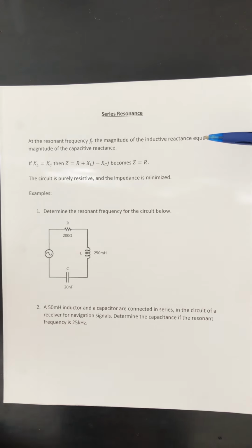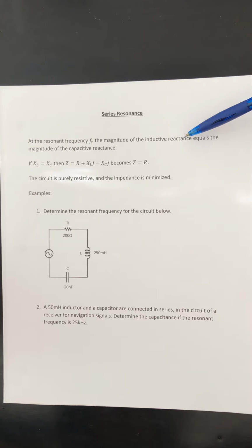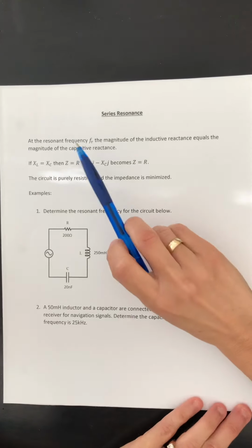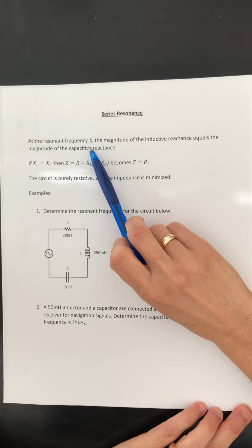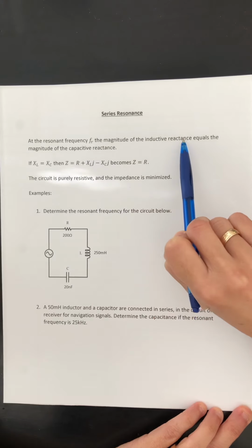Okay, so we already know that in terms of direction, inductive reactance would be on the positive imaginary axis, and capacitive reactance would be on the negative imaginary axis. But we're suggesting that at resonance, the magnitudes of the two quantities are equal.